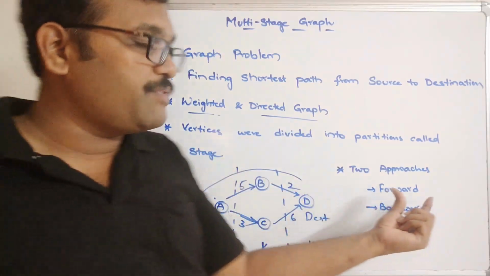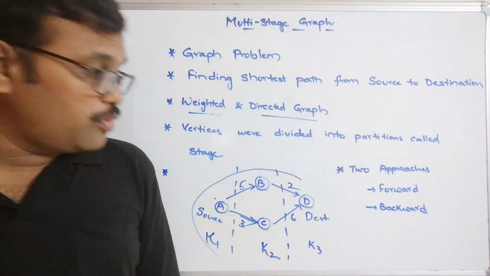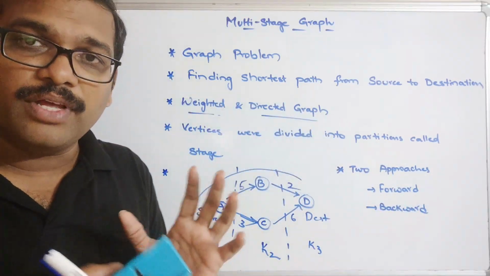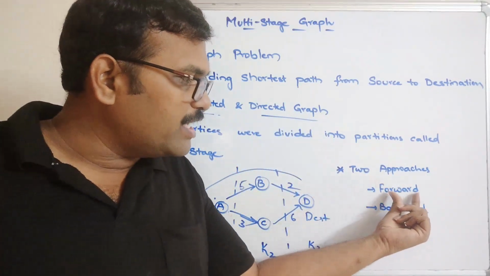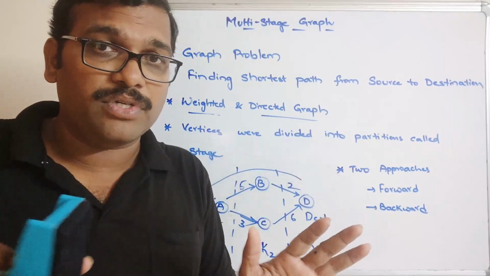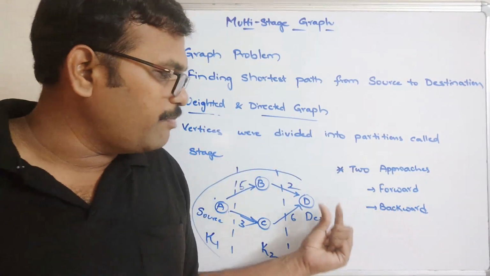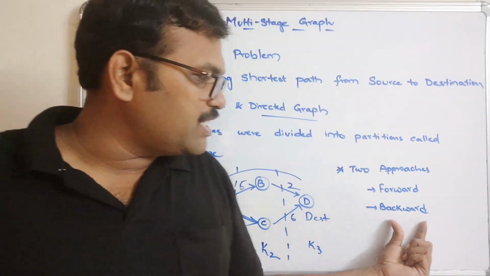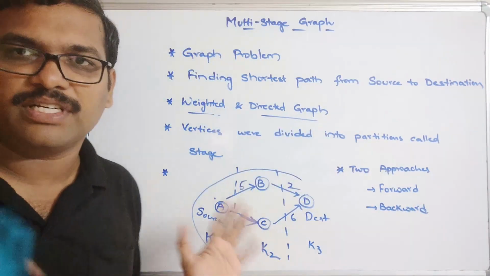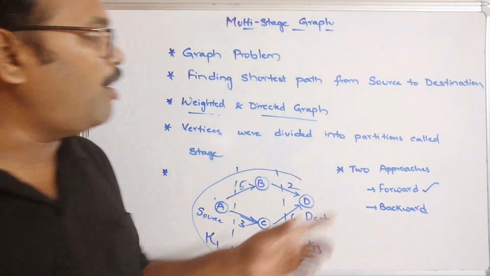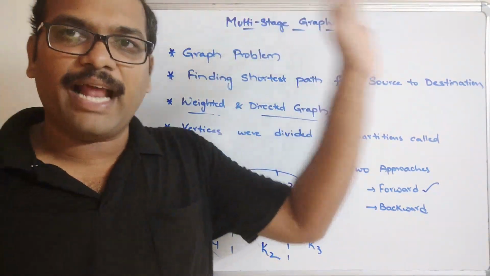If you are using the forward approach, we are supposed to select the destination first and solve the problem. Don't get confused. In the forward approach, we start our process from the destination itself. And if it is backward, we have to start from the source itself. Now in this session, we will see the forward approach of solving this multi-stage graph problem.